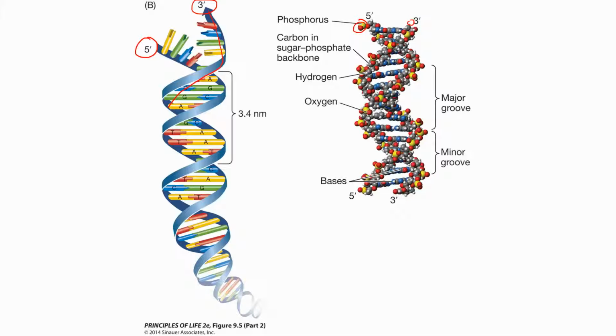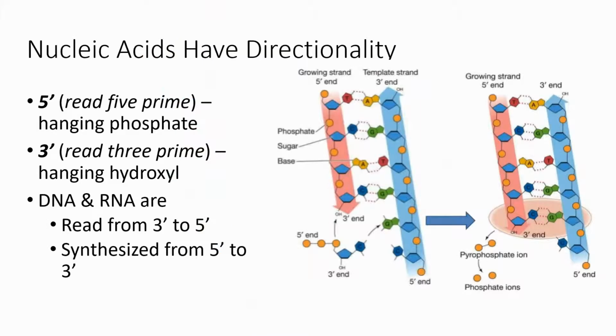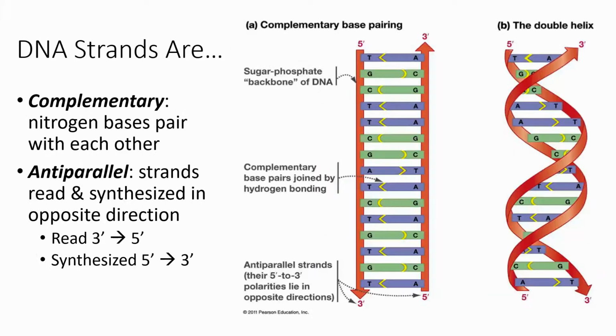You have enzymes that will bind on, and they are the ones that will add new nucleotides or will read the nucleotides, and they will only move in certain directions and attach at certain locations. So that's what I said here. All of that information is there. So 5' has a hanging phosphate, 3' has a hanging hydroxyl, etc.